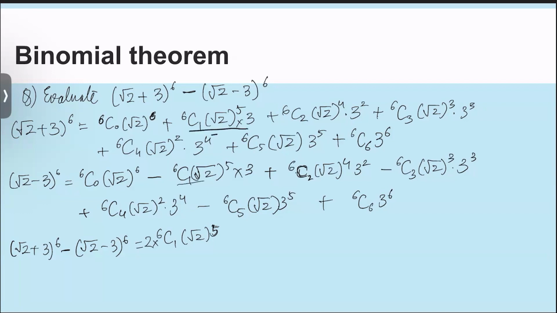This term will stay, because the negative sign over here then becomes positive, so you can add this term and this term. Similarly, the third terms would get cancelled out.